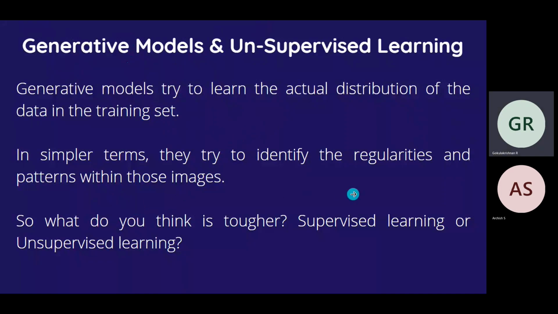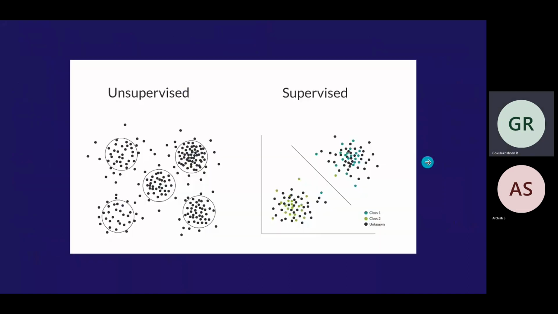So what do you guys think is tougher, supervised learning or unsupervised? I just explained what supervised is and what unsupervised learning is. Which do you think is tougher? As you guys are saying, some people are answering unsupervised.